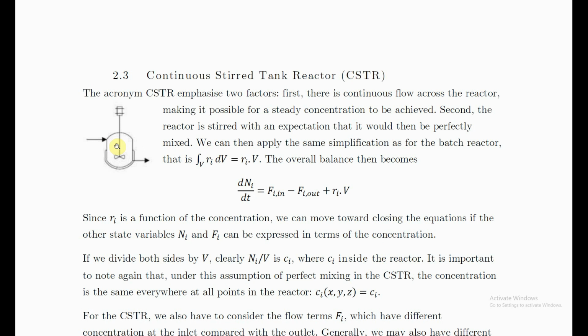So again, if you have your reactor here and you are feeding at a certain volumetric flow, even if you are changing that flow over time, as long as you are keeping these two things the same, whatever level you have here, it's going to stay at that level.